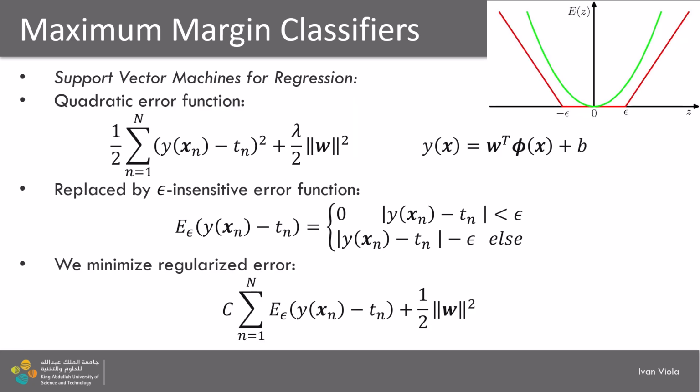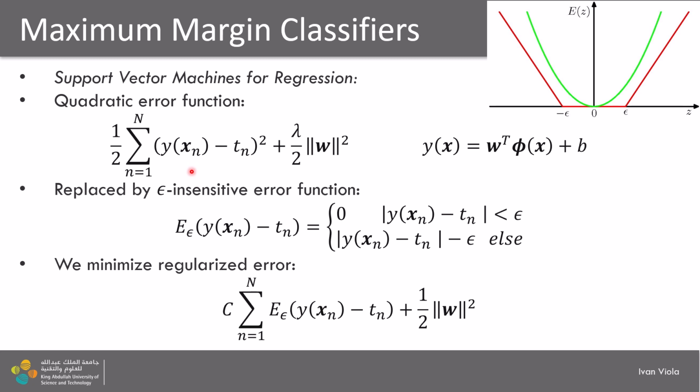While support vector machines have been primarily understood and utilized in the context of two-class classification, we can reformulate the concept of support vector machines also for the regression task. So let's start with our quadratic error function, which we have been utilizing in our regression tasks before, for example, in the linear models.